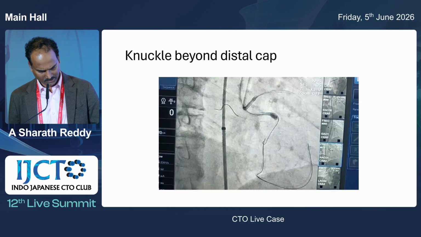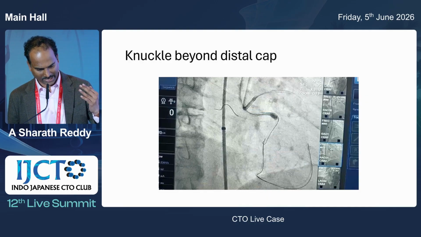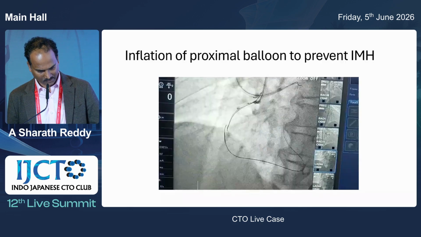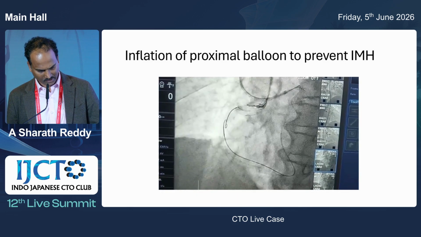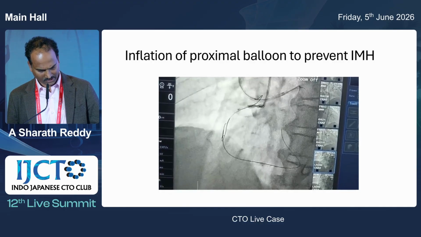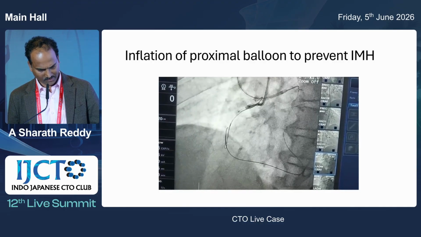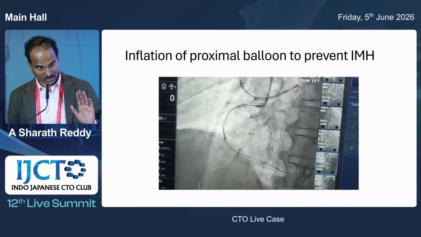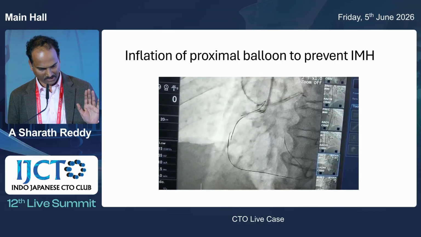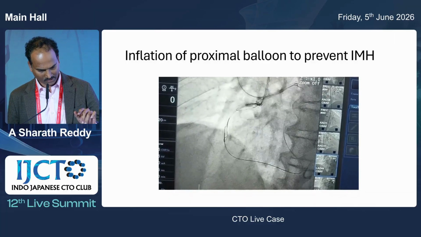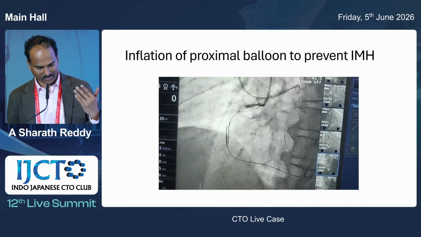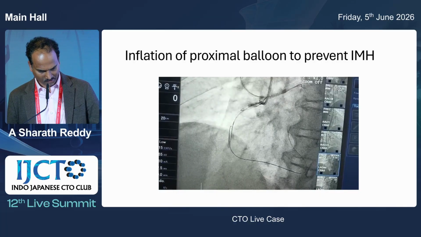This is a knuckle, and essentially it is just to loosen the caps and the entire CTO segment. Once the knuckle is done, I brought in, and this is a very important step, you have to keep your balloon inflated always, so as not to allow the subintimal space to expand. While this is going on, we kept inflating and deflating based on the movement of devices to not allow the subintimal space to expand.